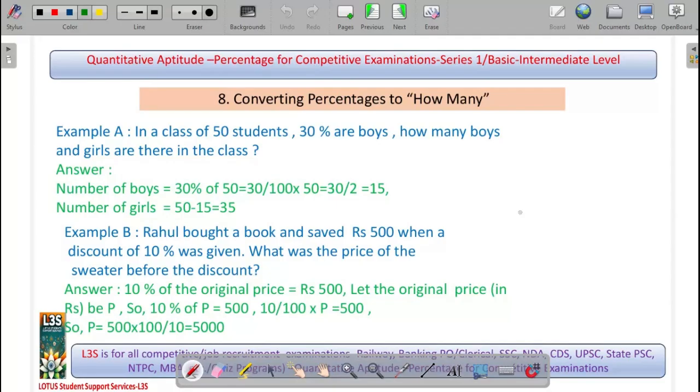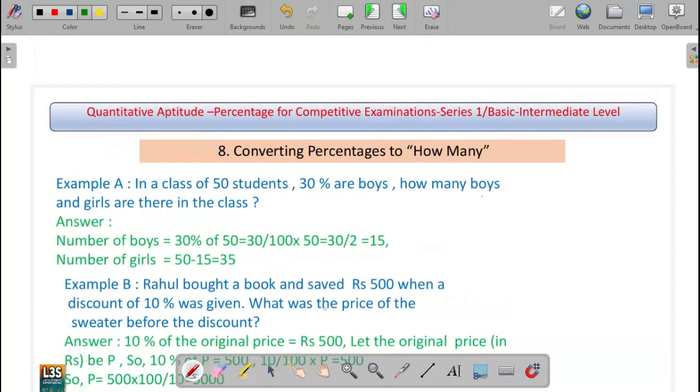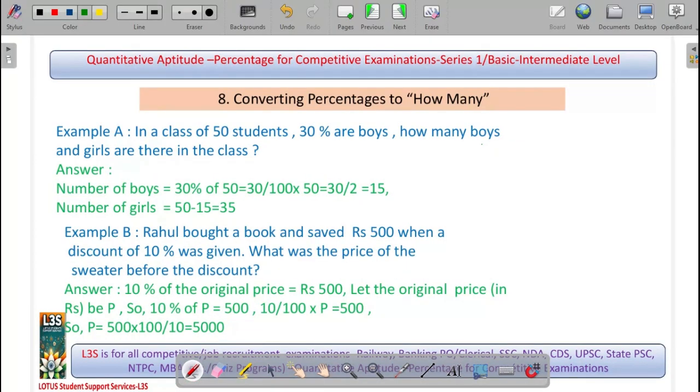So number of boys. In a class of 50 students, total students is 50 and 30% are boys. So how many boys and girls are there?